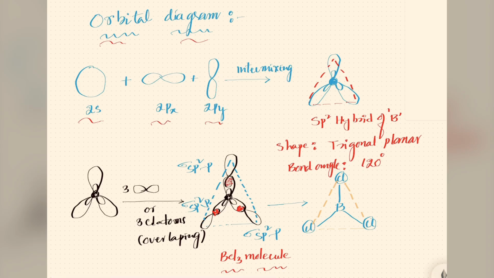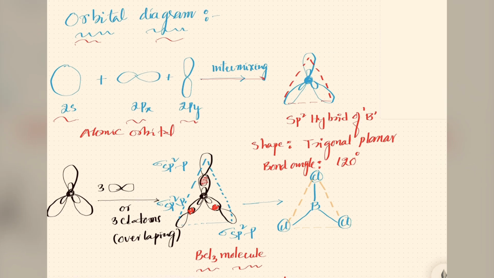These three are atomic orbitals. These atomic orbitals intermix and form the hybridized orbitals, that is, the sp2 hybridized orbitals of boron.